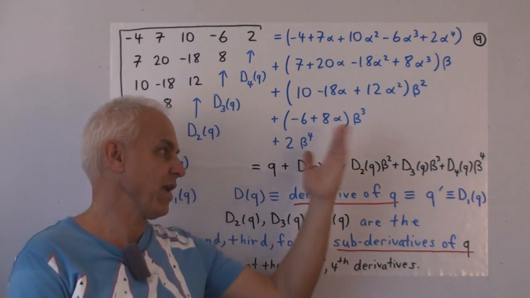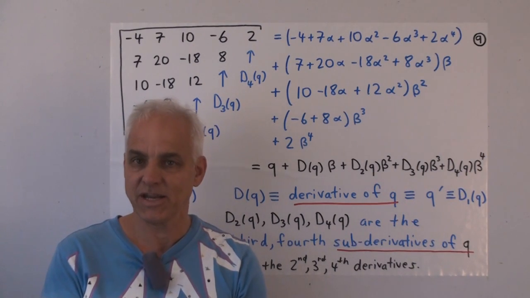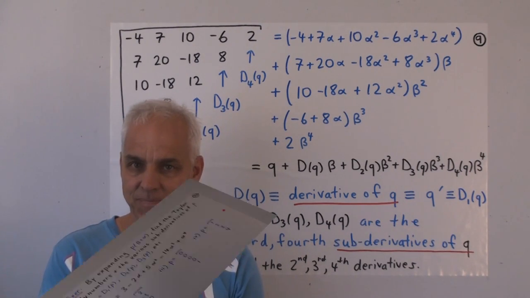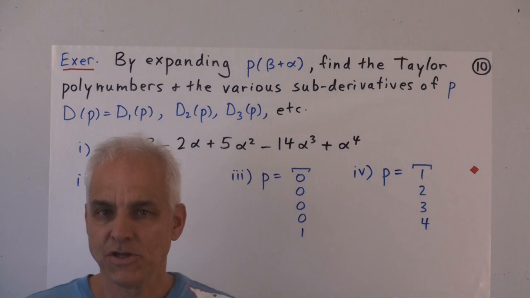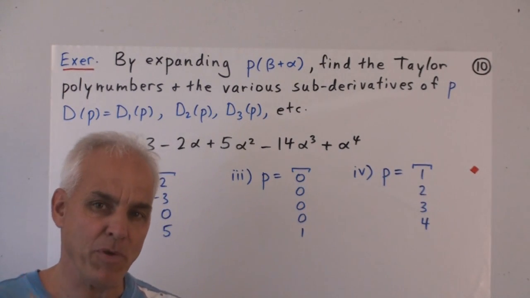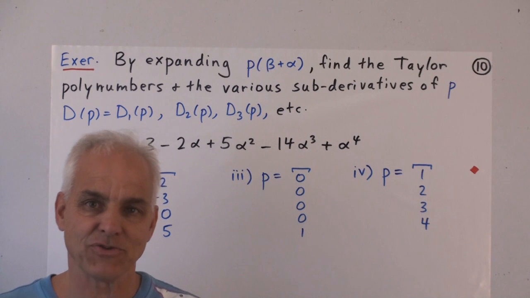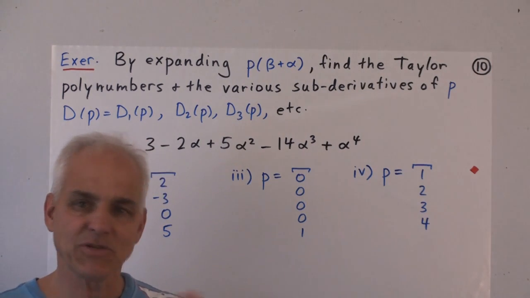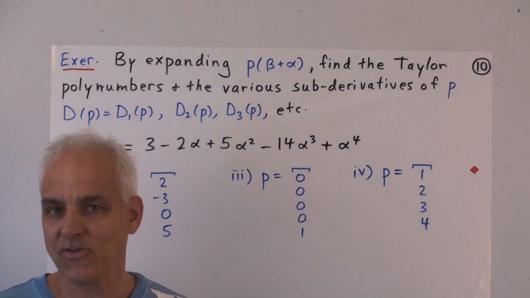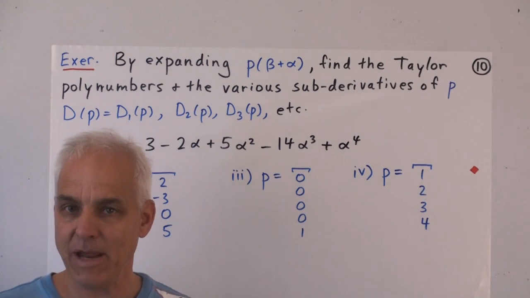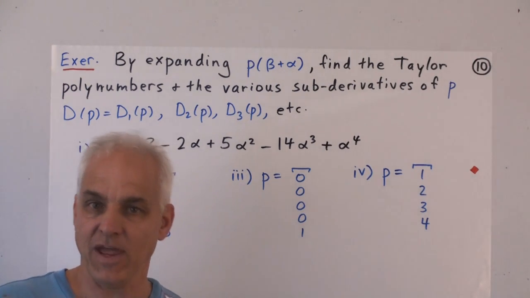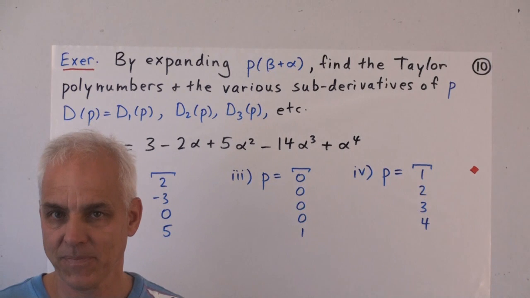So this is going to have a lot of implications that we're going to study next time. So you will not be too surprised to observe that the binomial theorem and that Pascal array or Pascal triangle somehow is intimately connected with this business of translating polynumbers and finding derivatives and higher subderivatives.